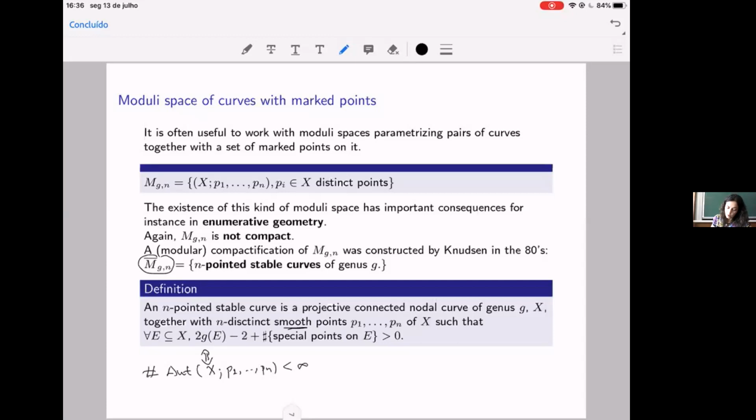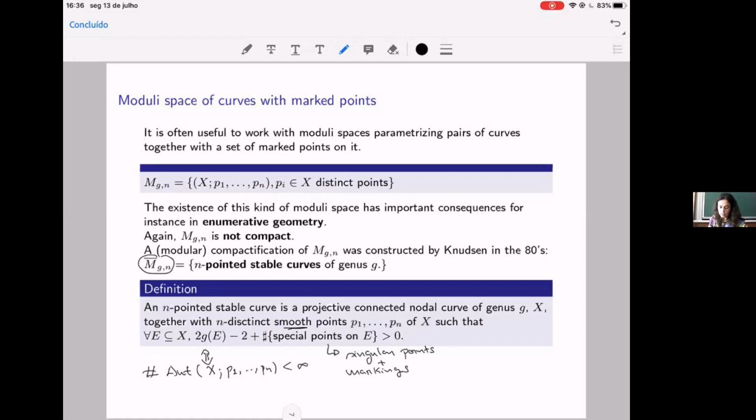A way to see this is: we ask for any subcurve of the curve to satisfy this inequality, meaning that twice the genus of the subcurve minus 2 plus the number of special points on the subcurve is at least 0. And here, by special points, I mean either singular points together with markings.